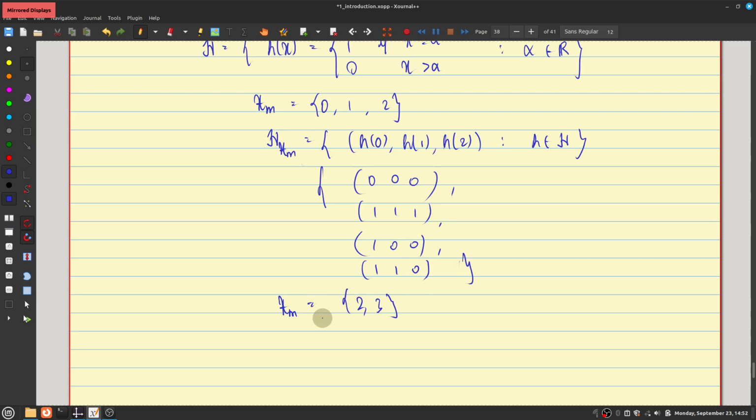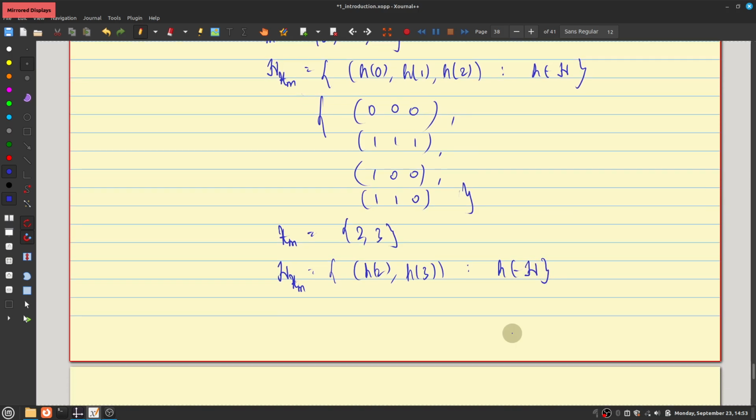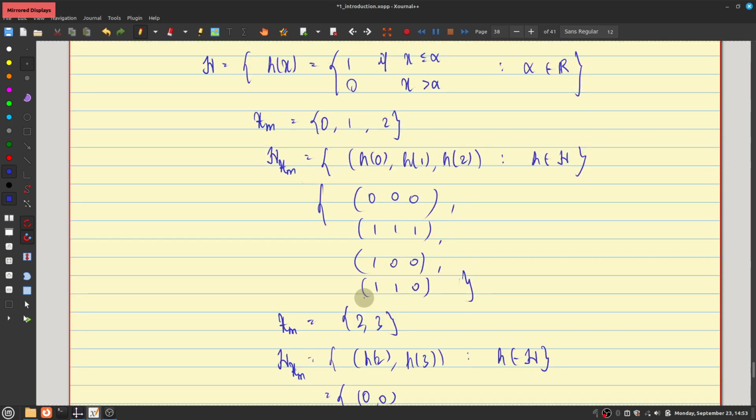What is H xm? It is the set of all h of 2, comma, h of 3, that belongs to the hypothesis class. So is there a function little h that will give me 0, 0? Is there some value of the threshold which gives h of 2 equal to 0 and h of 3 equal to 0?